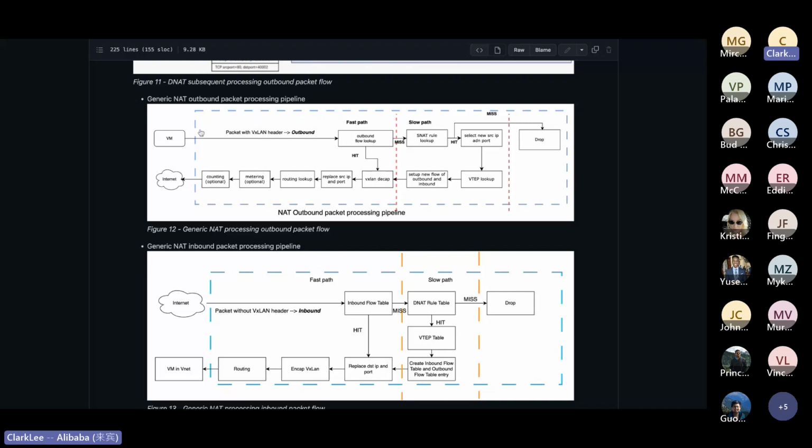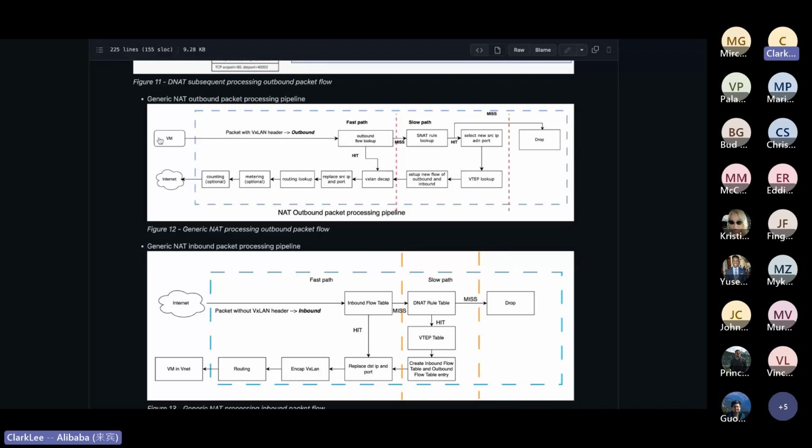First, this is a generic NAT outbound packet processing pipeline, combining the SNAT and DNAT. Let's start with the outbound flow. The outbound flow table is actually one table.